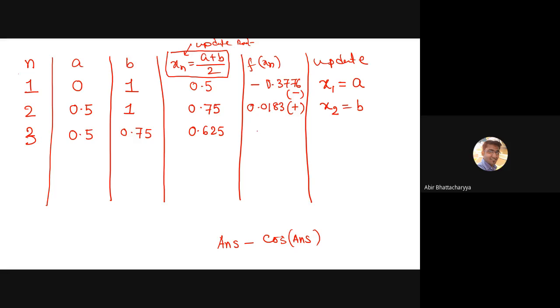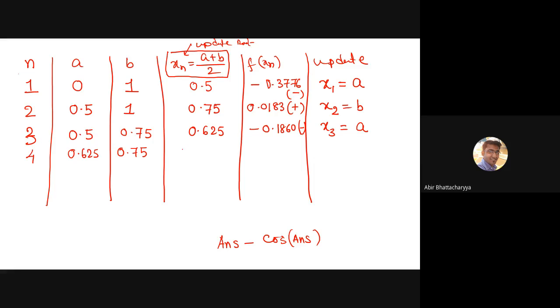So what is f of xn? f of x3 will be minus 0.1860, and it is negative. Since it is negative, x3 will be a. So for iteration number 4, a is 0.625 and b is 0.75.